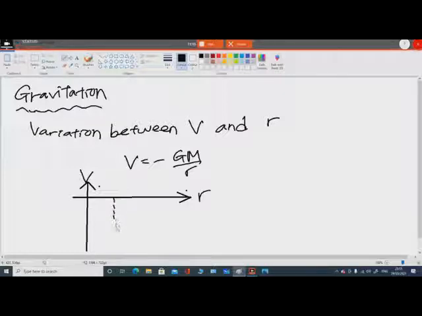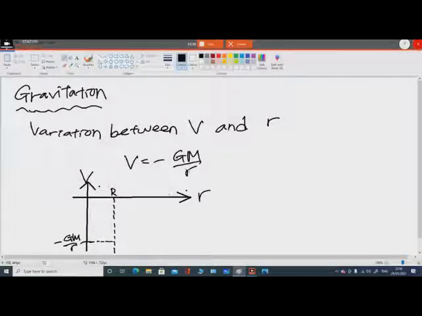Same as the previous graph, we have inside the Earth and outside the Earth. Here this one is negative GM over R. Inside the Earth, our gravitational potential is always the same.